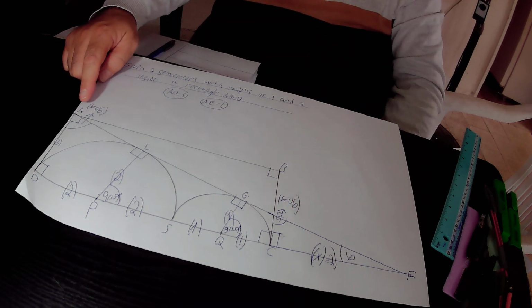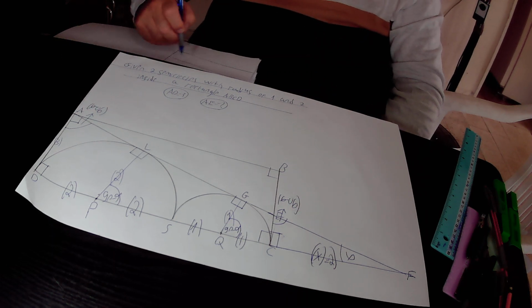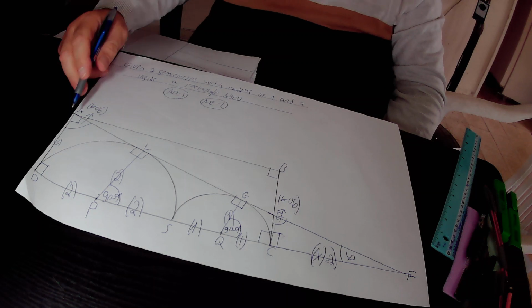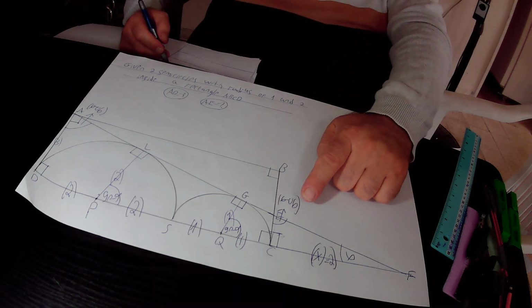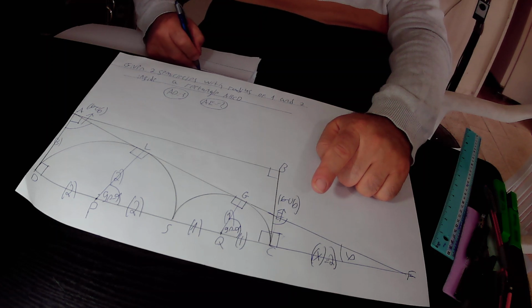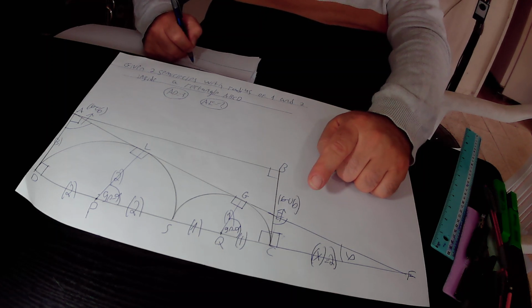So actually this is angle DAF in the big right triangle ADF, and it is equal to this angle, angle CEF in the small right triangle ECF.